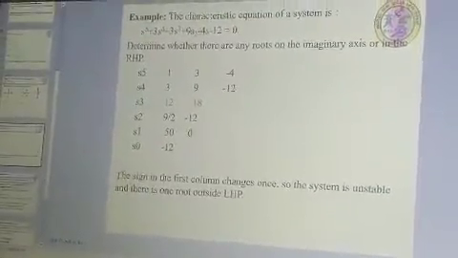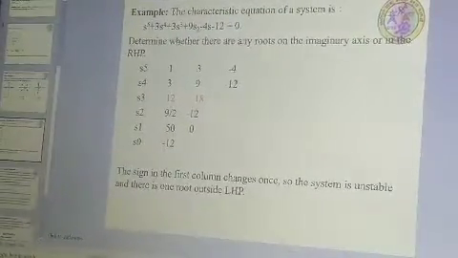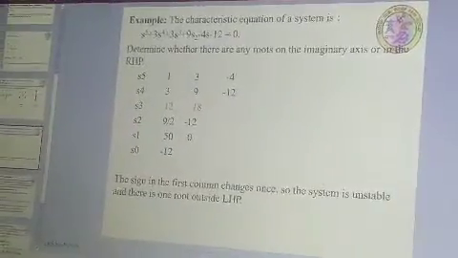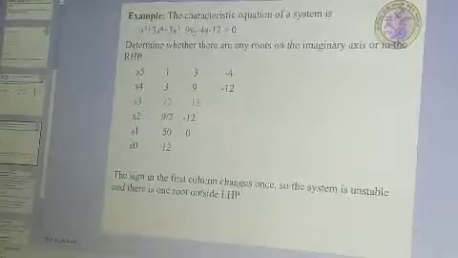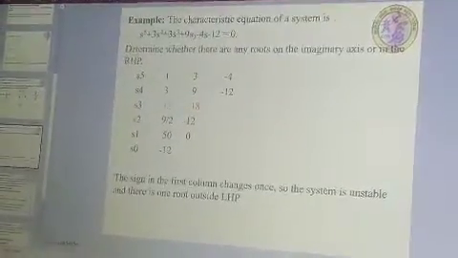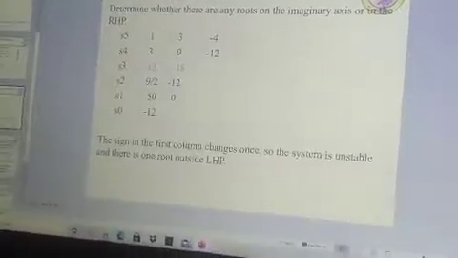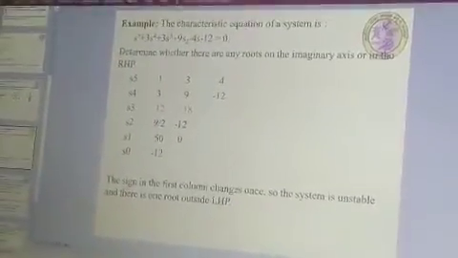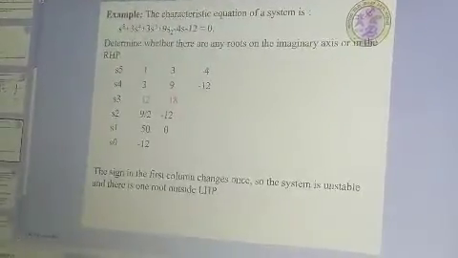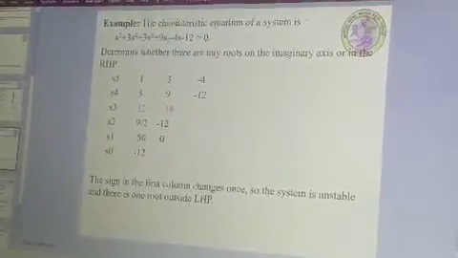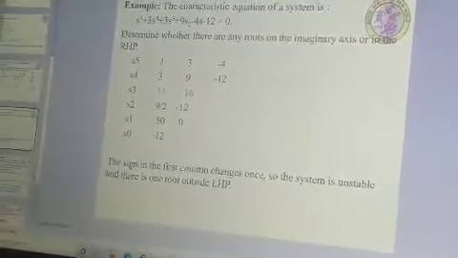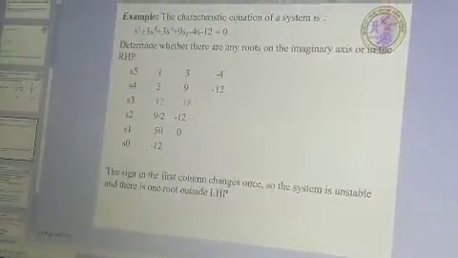So this changes from positive to negative, and there are no further changes in sign in the Routh tabulation. That means the sign in the first column changes once. So the system is unstable and only one root is outside the left half plane. That means only one root is present in the right side of the S plane.